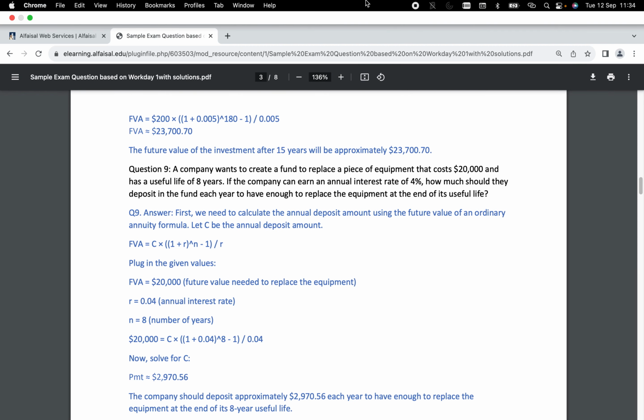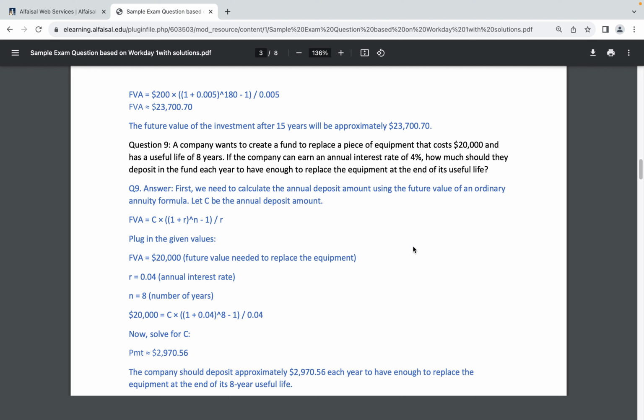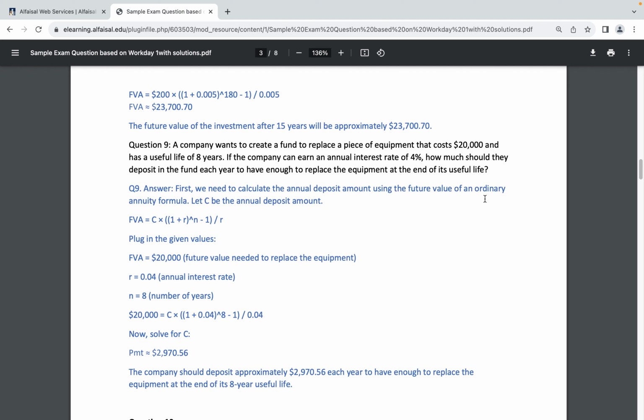Oh, excuse me, this is actually looking for the payment, not for the end value. So it's looking for the payment, right? We need to have 20,000 at the end of 8 years. How much do we need to put away per year in order to be able to have that 20,000? That's what the question requires.